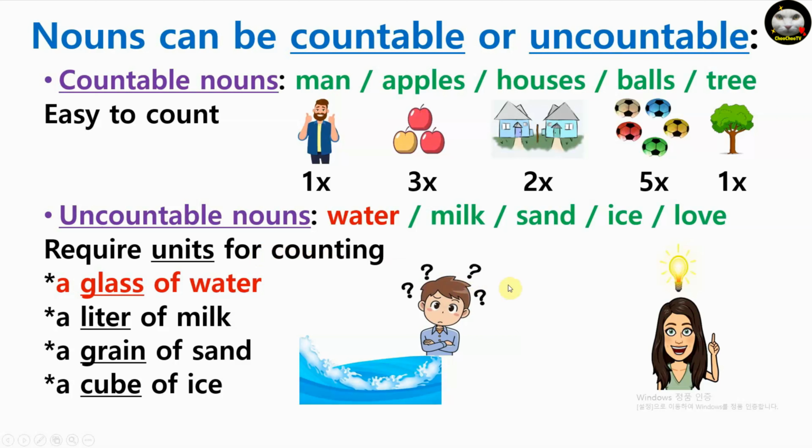So in this case, for water, we can use the noun glass and say a glass of water, one glass of water. So we count uncountable nouns using units. Other examples are a liter of milk, a grain of sand, and a cube of ice.